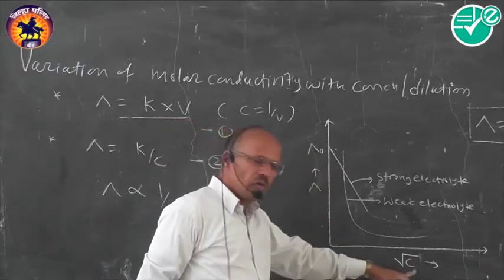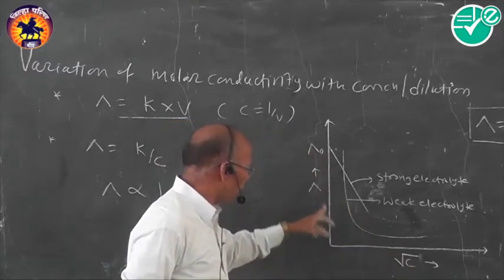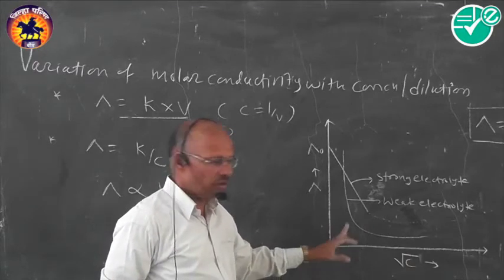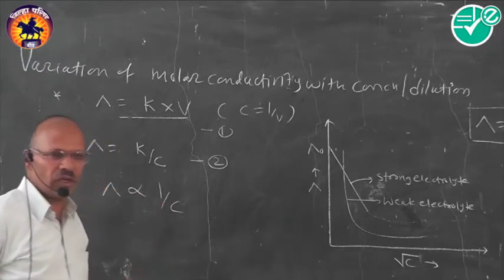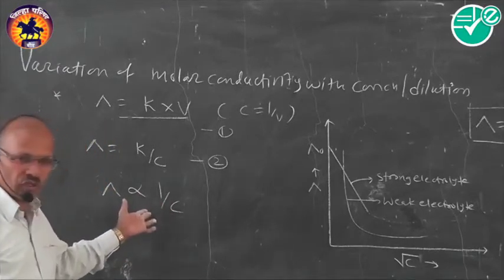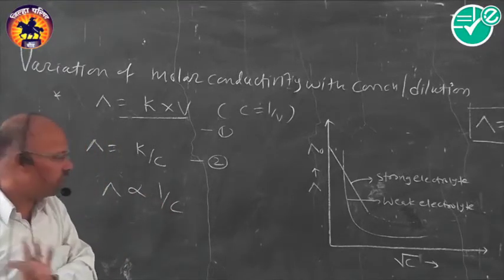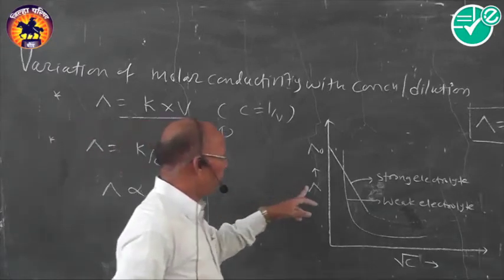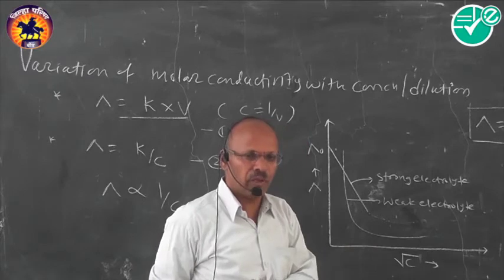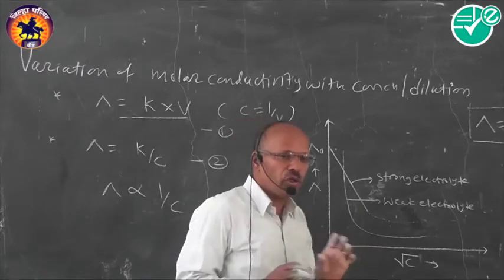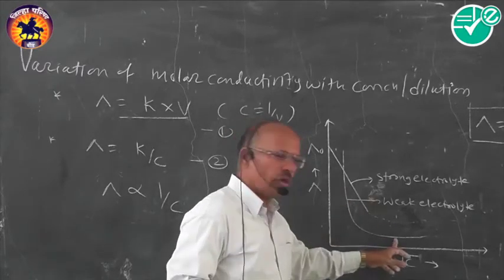With increasing concentration, the molar conductivity always decreases. So it exactly matches the above observation. These observations clearly show that with increasing concentration, the molar conductivity always decreases. Molar conductivity decreases, it becomes less. It is just shown in this graph.